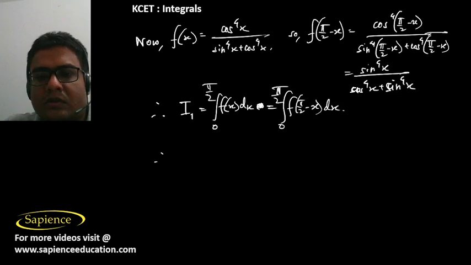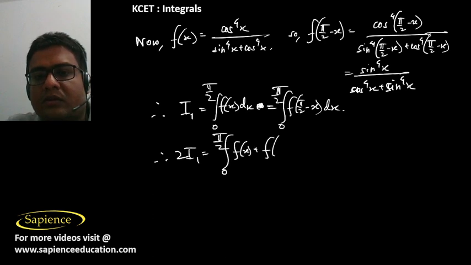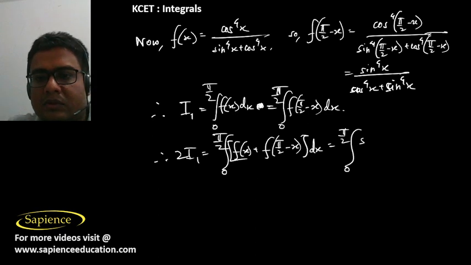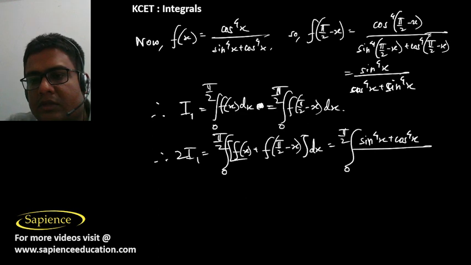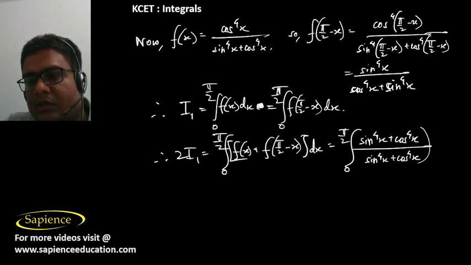Therefore 2I1 can be written as integral 0 to pi by 2 of f of x plus f of pi by 2 minus x dx. So this will be cos power 4x plus sin power 4x divided by sin power 4x plus cos power 4x into dx.